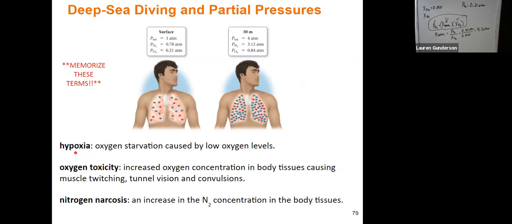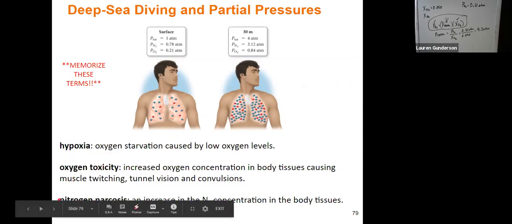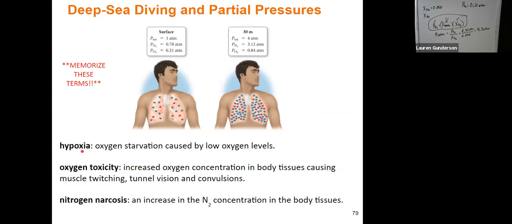So there are different diseases that are related to various partial pressures of the gases in the air that we breathe. We have something called hypoxia, when our partial pressure of oxygen is low relative to the other gases that we're breathing. On the other hand, there's something called oxygen toxicity, which is a case where your partial pressure of oxygen is too high versus the other gases in the air around you.